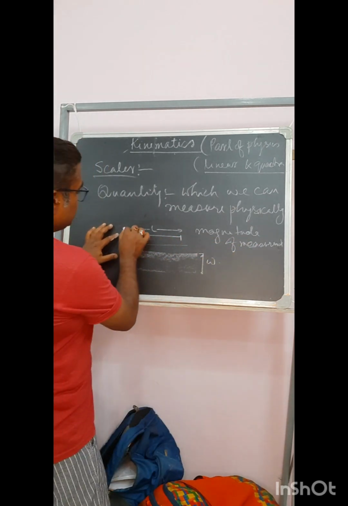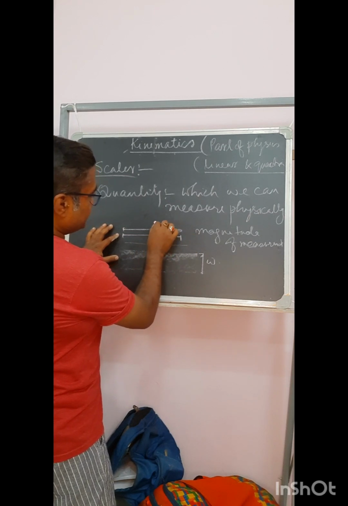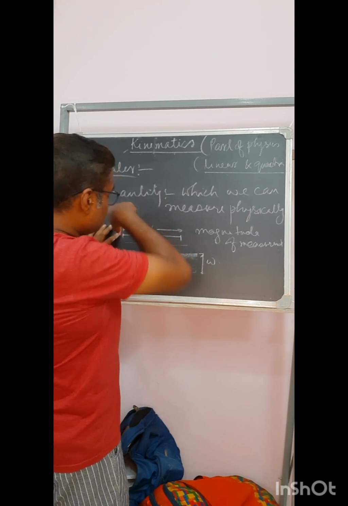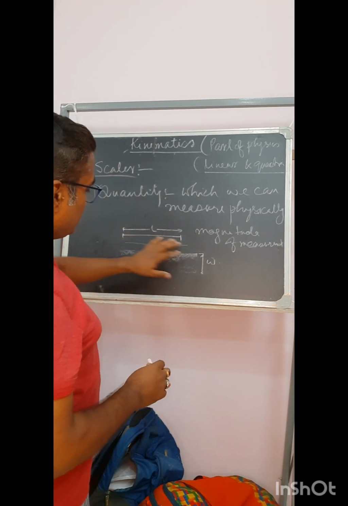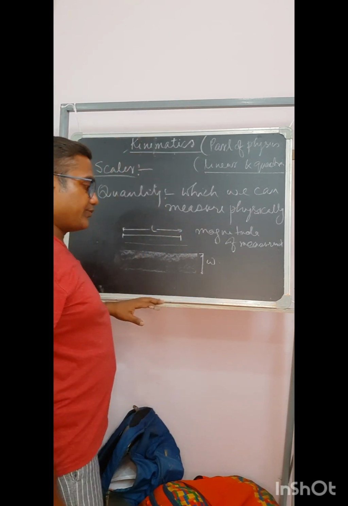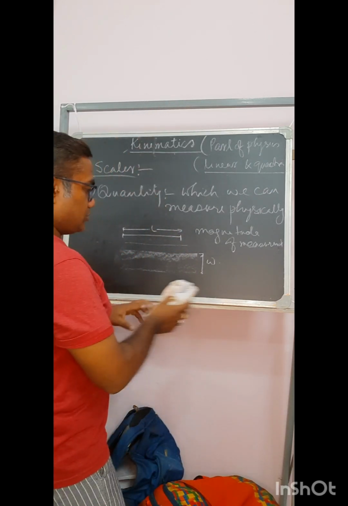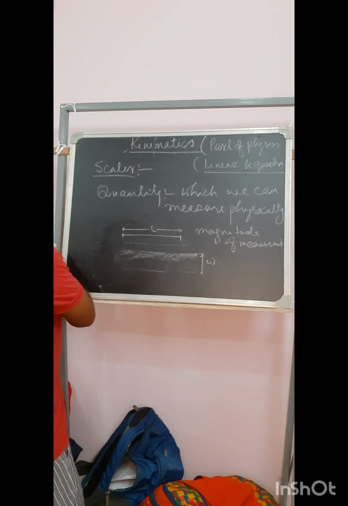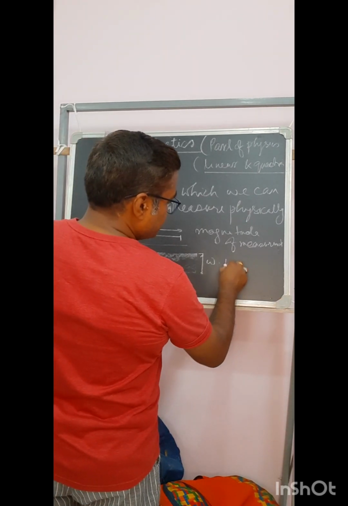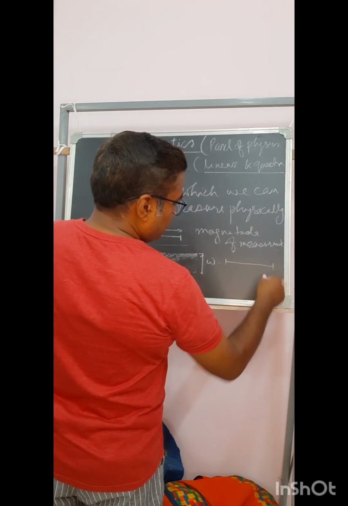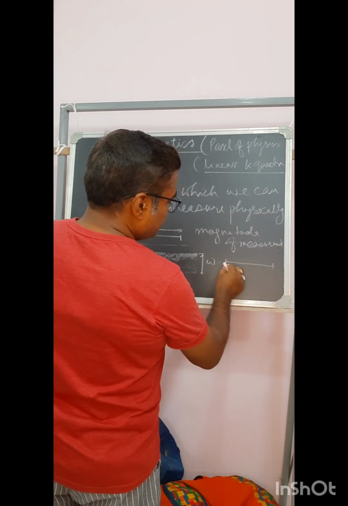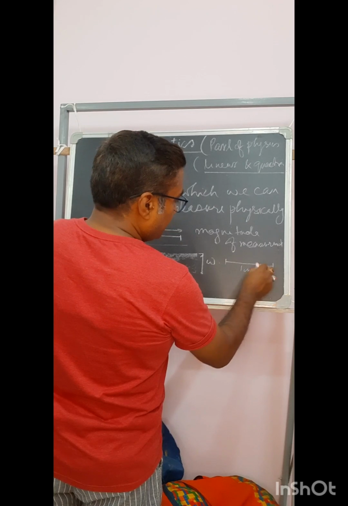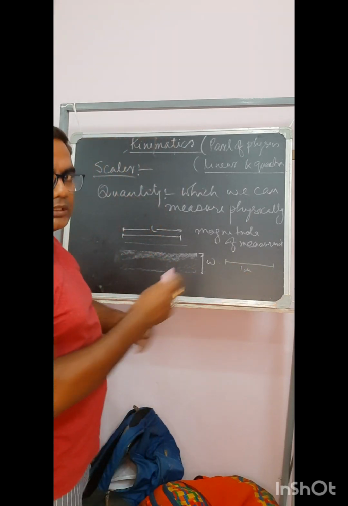So if we say this is length, it has a certain standard unit. In the prior days, when there was no understanding of units, people assumed some standard length as 1 unit, and with respect to that they could measure.